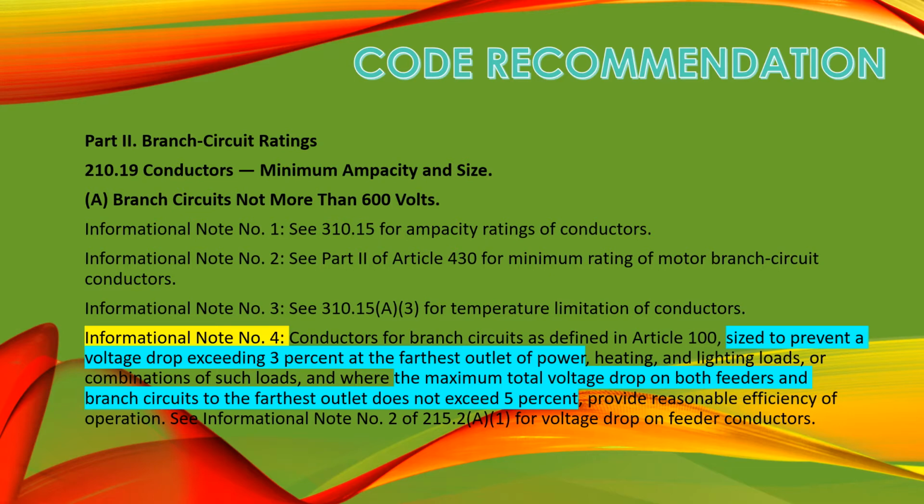And for a total of 5% from the source of the feeder to the end of your branch circuit, we have to limit the voltage drop to 5%. This is what the code recommends.